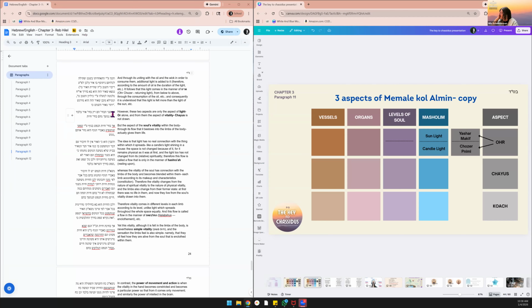Now we are also realizing that sunlight and candlelight are not enough. Right? So we are in a mode of it's not enough. Why is it not enough? Who remembers from last class? Why the sunlight and the light of the candle is not enough? Miriam, you're muted.